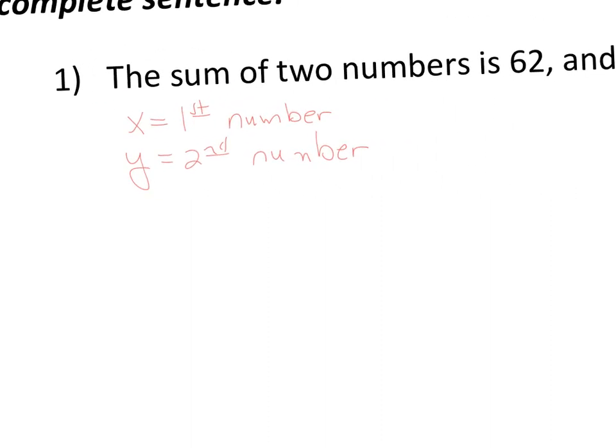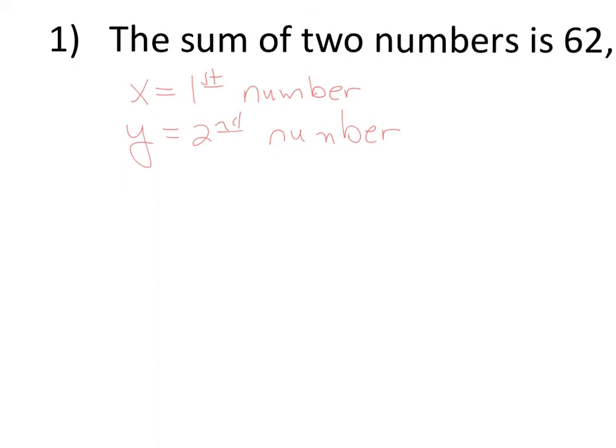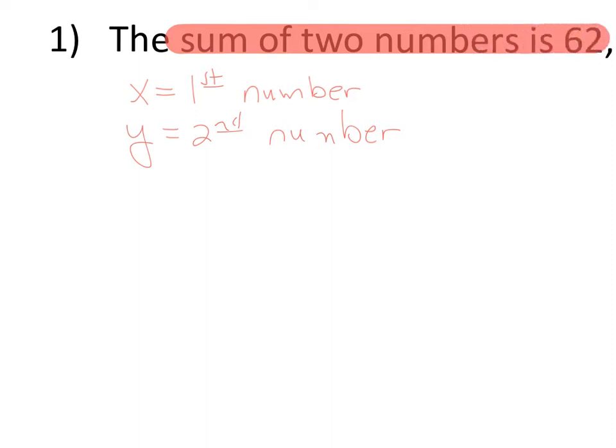All right, since I said comma, I'm only going to look up to the comma here. It says the sum of 2 numbers is 62. This word sum, we should know what that means. That was review from the beginning of the year. Sum means addition, so we're going to add up the 2 numbers: x plus y equals 62.